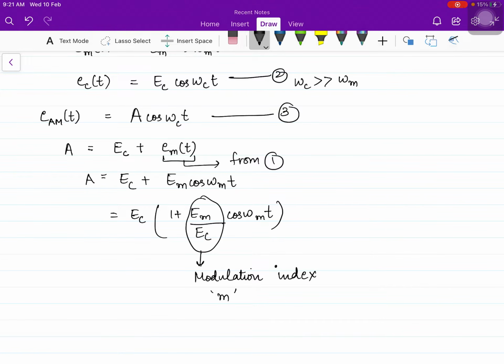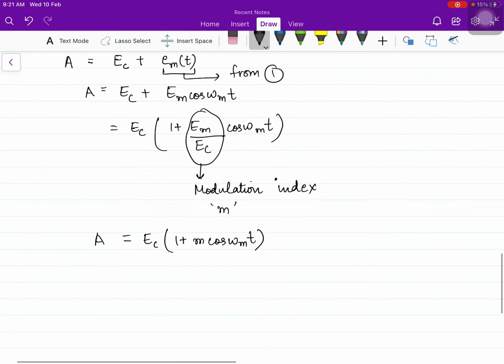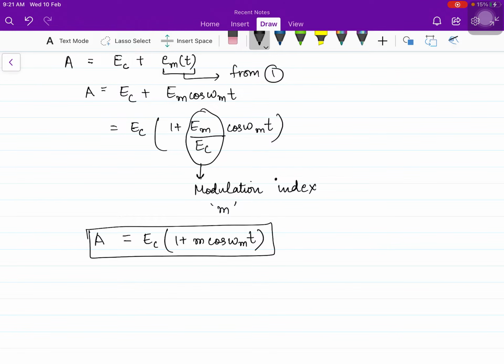So till now we will understand that the modulation index is given by amplitude of message upon the amplitude of carrier. So now I'll replace it by m and I will write this formula. Okay, so we have reached up to here. Our aim was to calculate the mathematical expression of the AM wave. So I have only calculated the new amplitude.